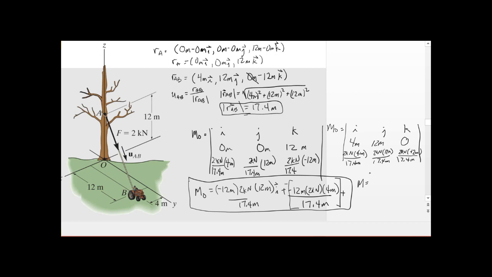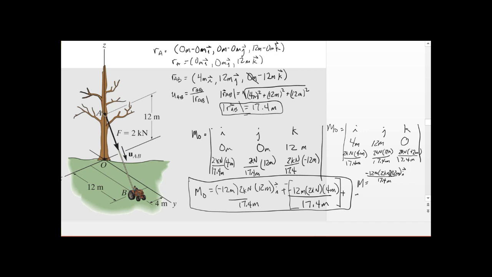We're going to have 12 meters times 2 kilonewtons times negative 12 meters divided by 17.4 meters. This is for the I direction.